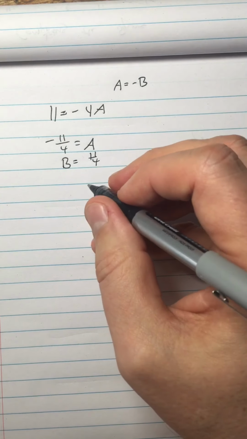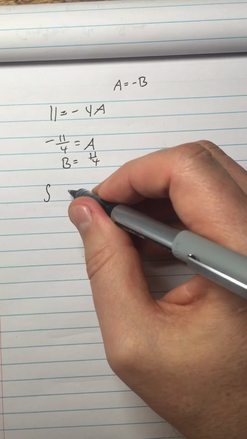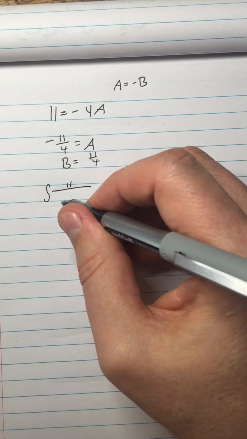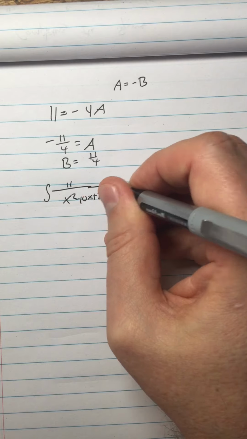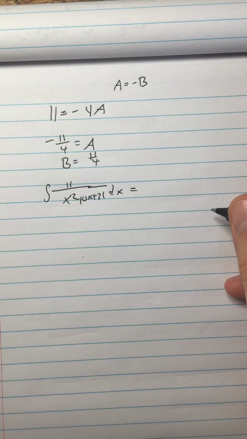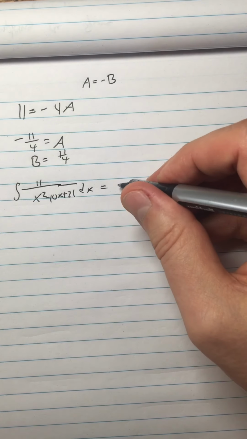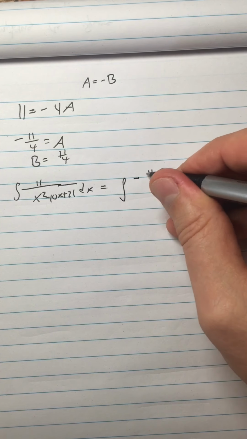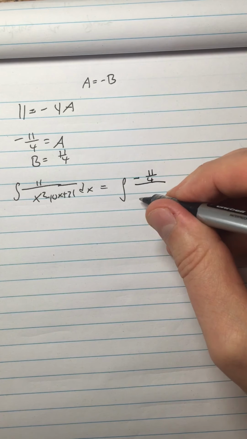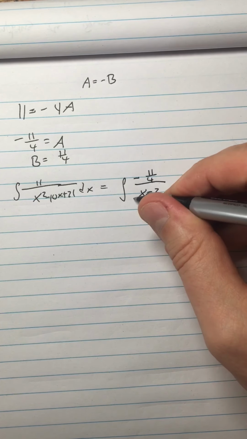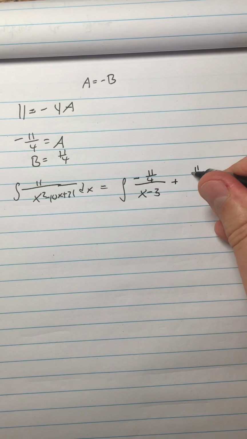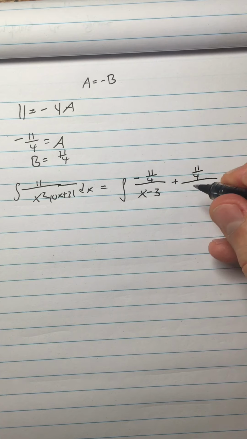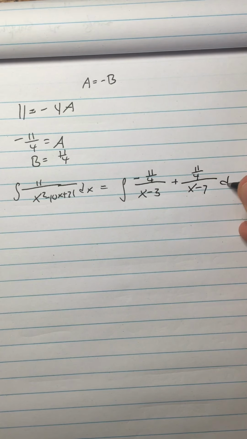So then our integral of 11 over x squared minus 10x plus 21 dx is equal to the integral of negative 11/4 over x minus 3. I could drop this 4 down to the denominator, but it doesn't help because you're just going to pull it out anyway. So let's just leave it as 11/4, and then have x minus 7 dx.